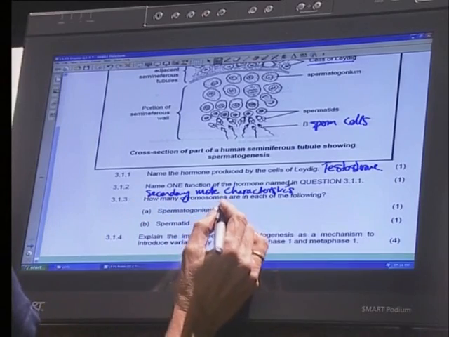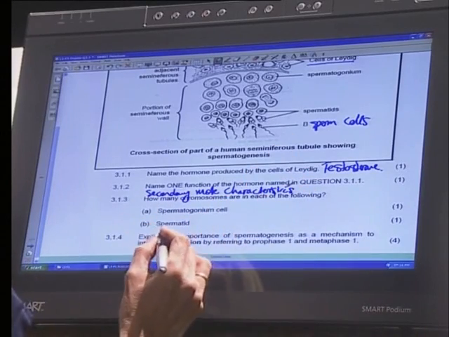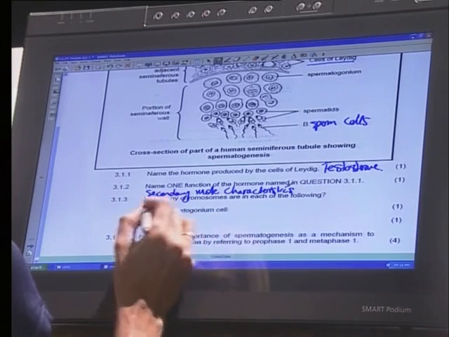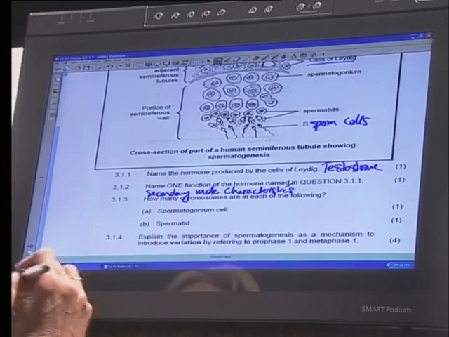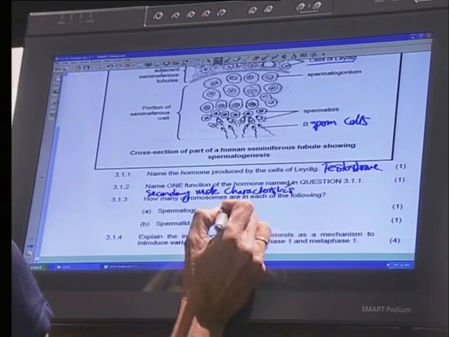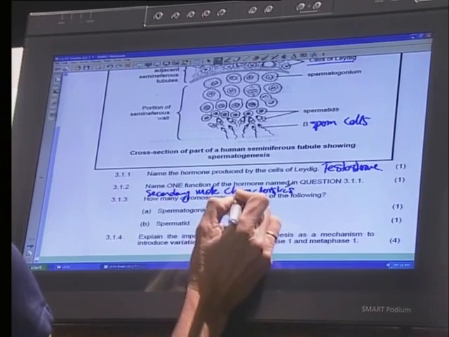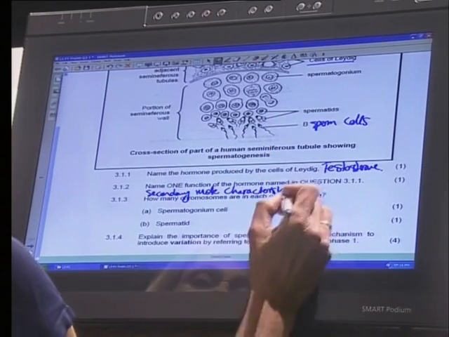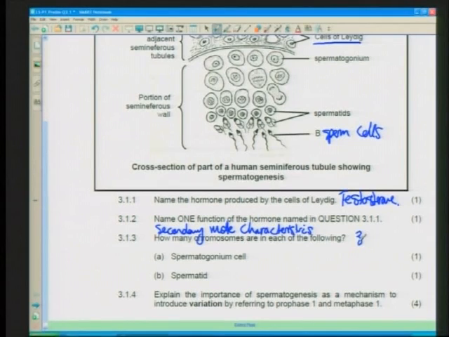How many chromosomes are in each of the following? If you look at the spermatogonium cell and the spermatid: remember, in humans, we have 23 pairs of chromosomes, or we can say we have 46 chromosomes. That's in males and females.